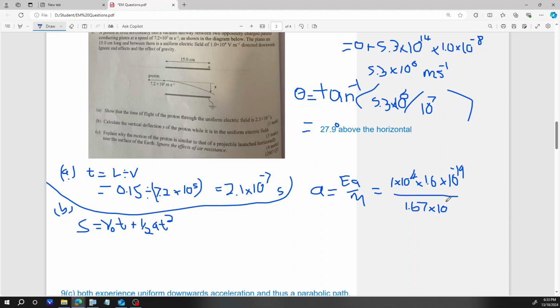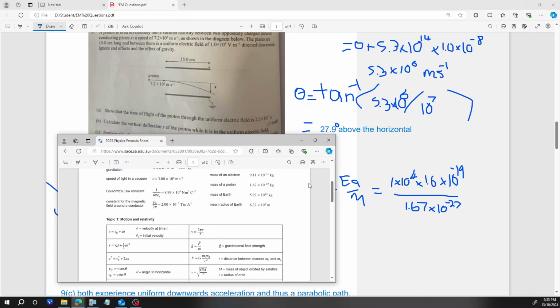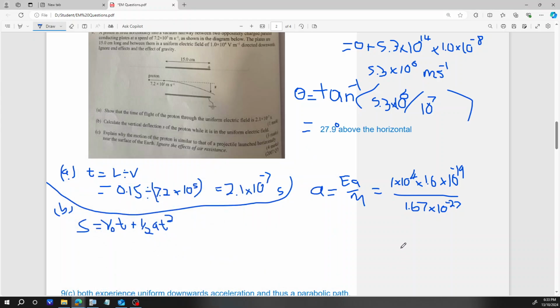Older versions used to be a little bit more precise with this. 10 to the negative 27, that is right. Yep, 27. Okay, so we'll go calculate that in a sec.